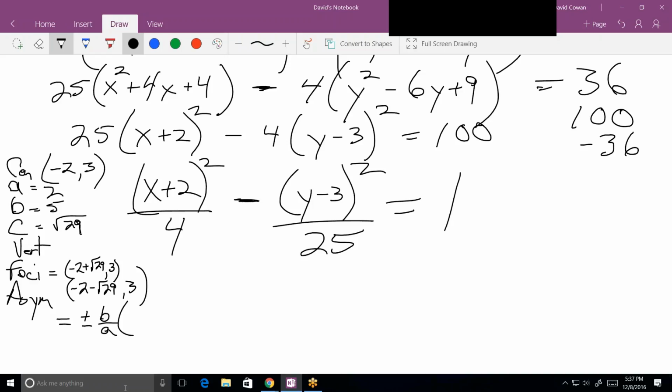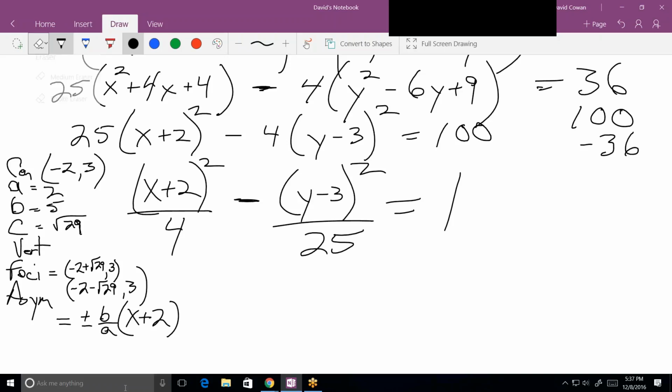And then y minus K equals plus or minus B over A times x minus H. So give me the numbers. X minus H would be, if H is -2, so would it be +2? Yes. It's fine to write the general, but they're going to ask for the specific.